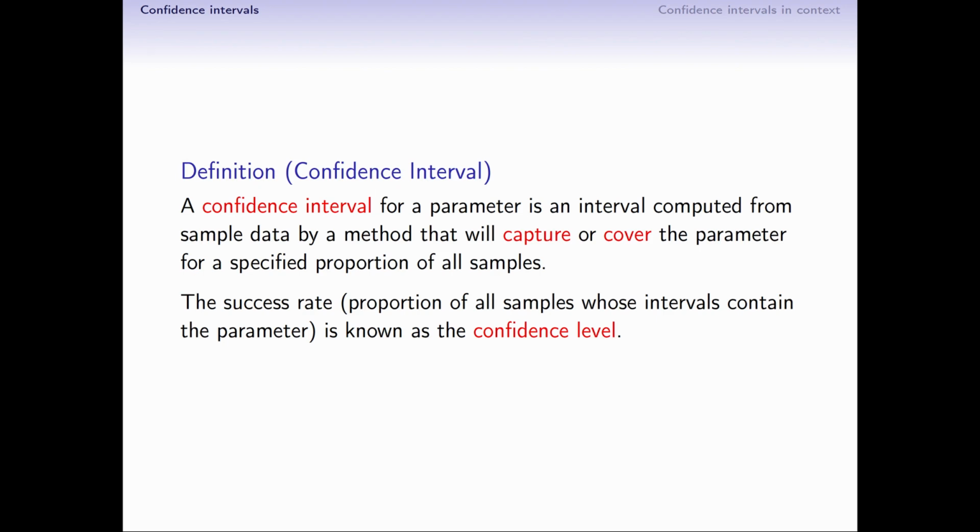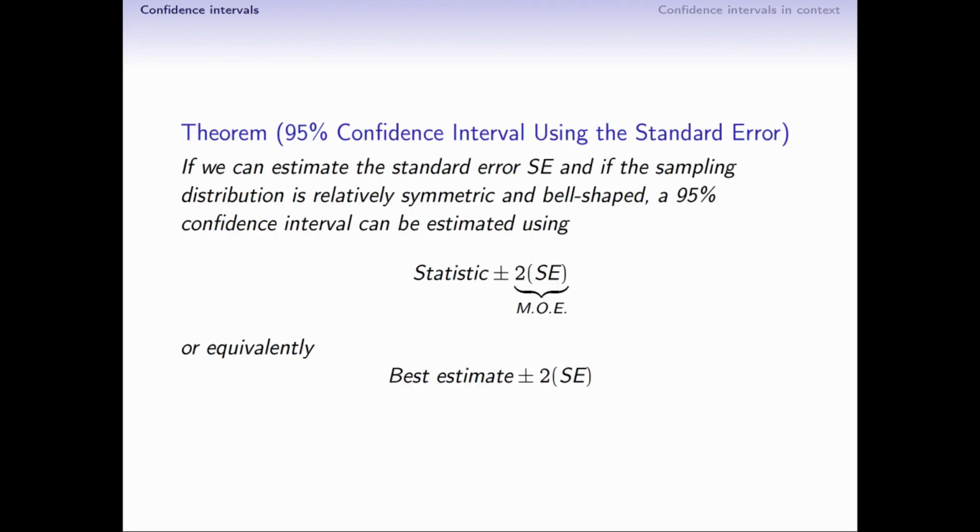Now let's talk about how we construct or compute confidence intervals. If we can estimate the standard error, SE, and if the sampling distribution is relatively symmetric and bell-shaped, a 95% confidence interval can be estimated using statistic plus or minus 2 times SE.